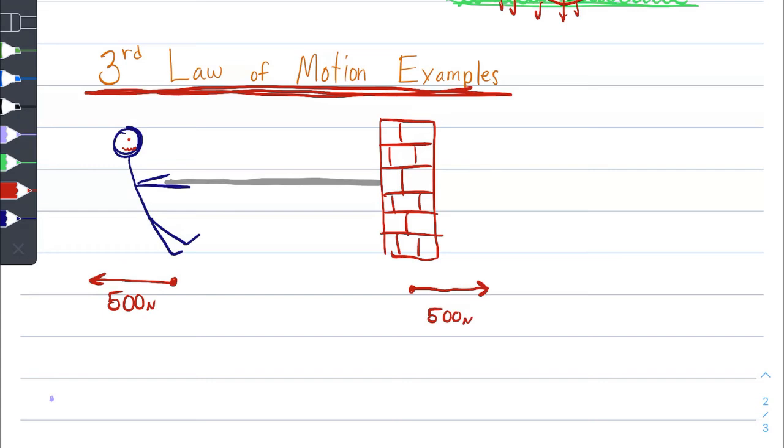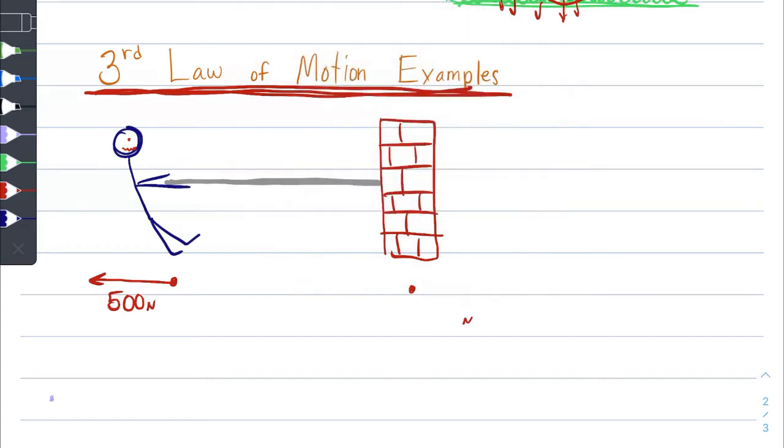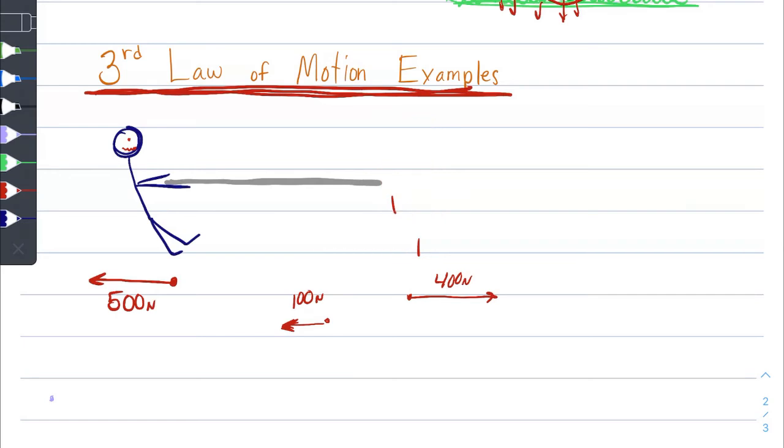If this wall was unable to apply a force of 500 newtons, and it could only apply maybe a force of 400 newtons, then we would have motion, because we would add up these arrows and see there's actually an extra 100 newtons in this direction, and this brick wall would crumble to the ground.